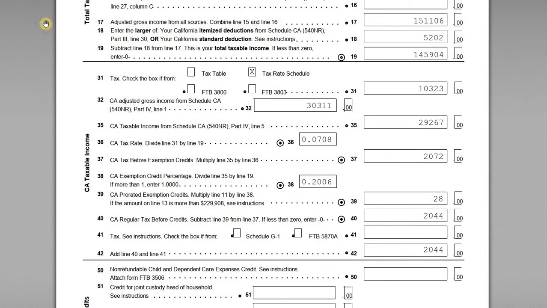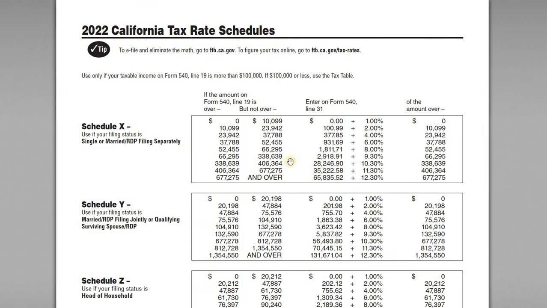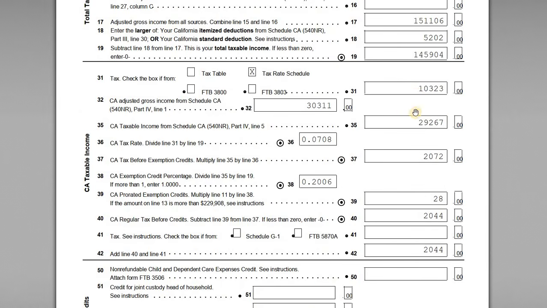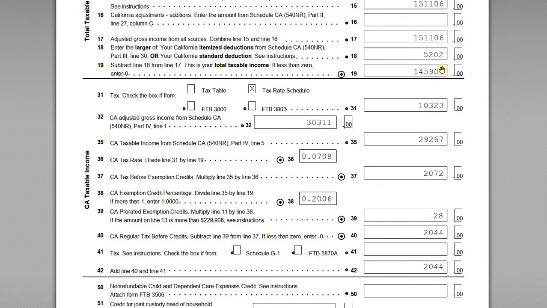So the tax rate schedule is a different document which shows the relevant ranges based on our filing status. And so what we have to do is look at, well, what's our income, and then calculate the amount of tax that would be owed based on whatever range we fall within. So if we look here, for example, our income is $145,904.